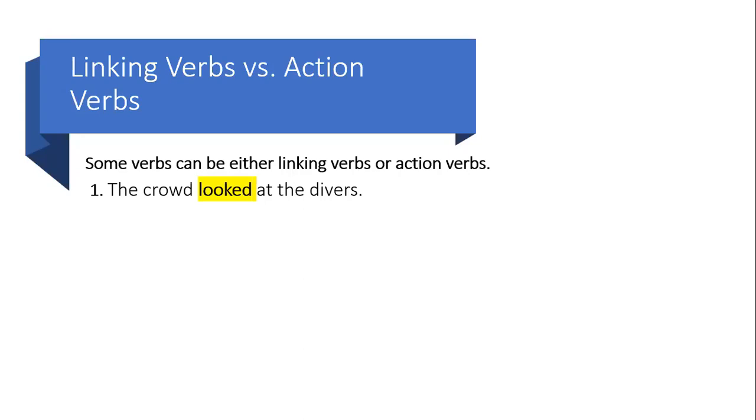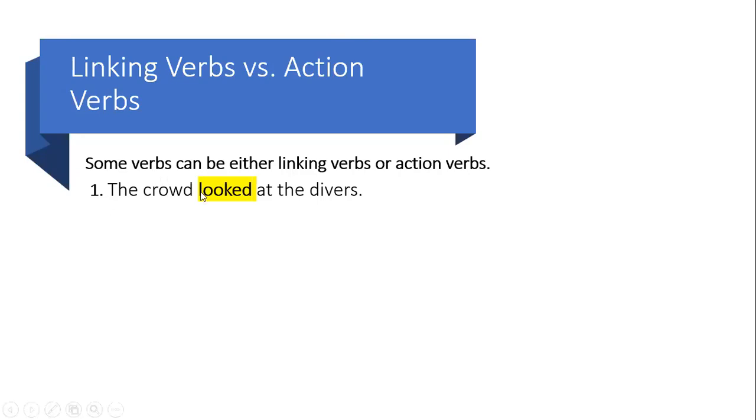The crowd looked at the divers. Now, because you have the 21 linking verbs close to you, you find look, and notice that here, because I already told you that there are different forms to the linking verbs. You see the verb look, but in the sentence it's in the past tense. It's still a verb that can either be a linking verb or an action verb, okay?